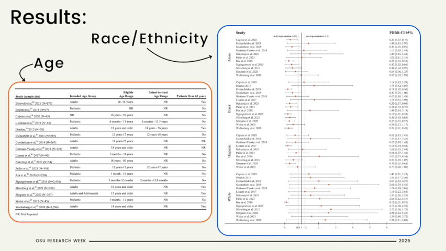Conversely, white participants were overrepresented in 12 of the 14 studies reporting race, but this finding was not statistically significant. Additionally, our analysis highlighted inconsistent reporting of age, as many of the studies failed to disclose the intended age range for treatment or the inclusion of participants over the age of 65.